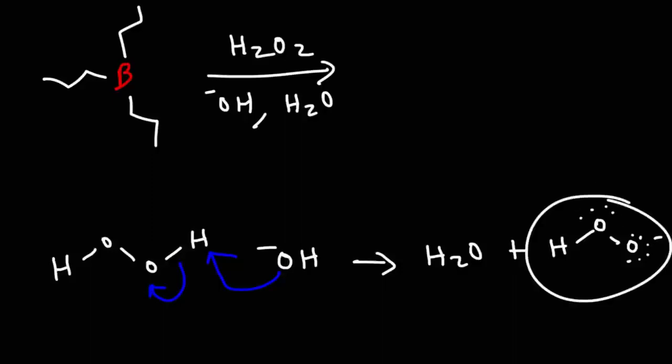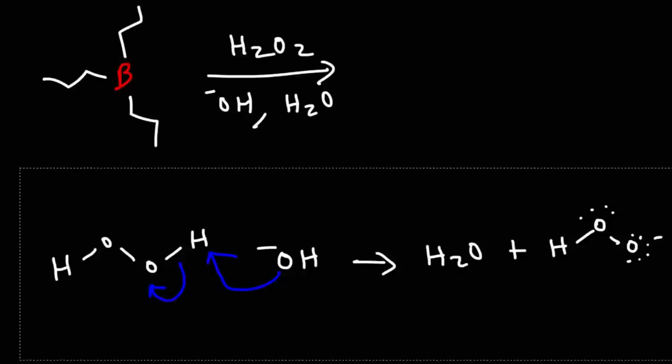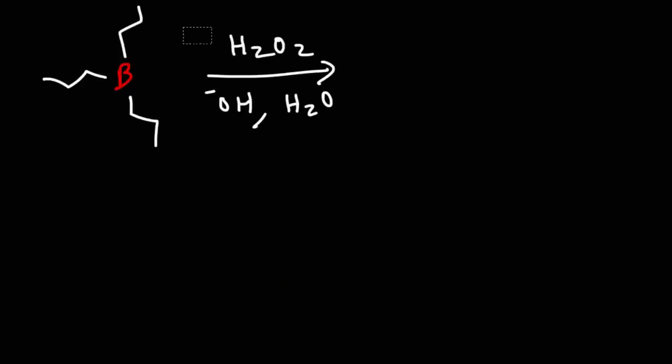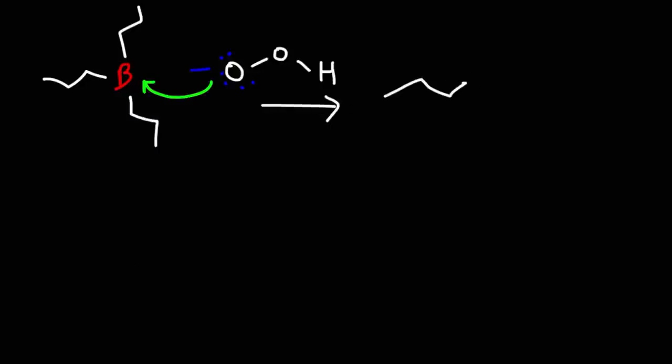So this part is going to react with the trialkyl borane molecule. So this is what we now have. There's a lot of drawing for this particular mechanism, so hopefully you'll be patient with me as I draw each step.